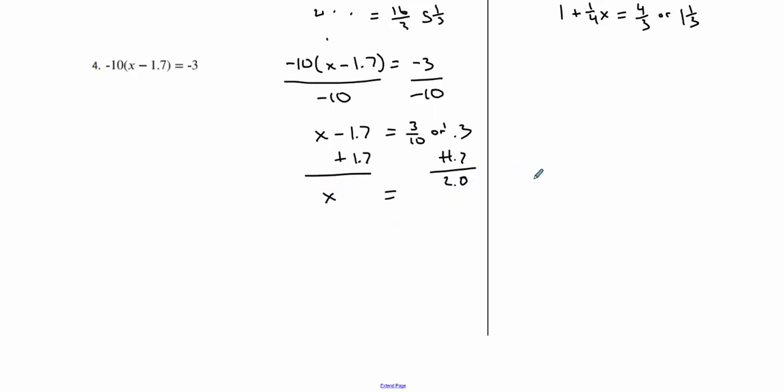That was pretty easy. Let's use the distributive property and see if that's going to be even easier. Negative 10 times the quantity x minus 1.7 is equal to negative 3. So negative 10 times x is negative 10x. Negative 10 times negative 1.7 is positive 17.